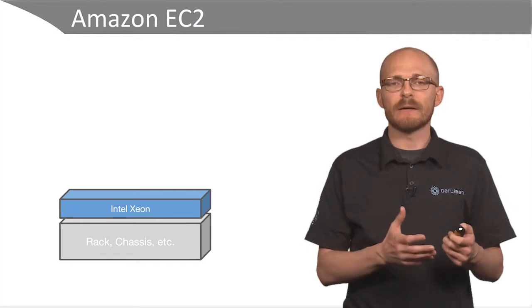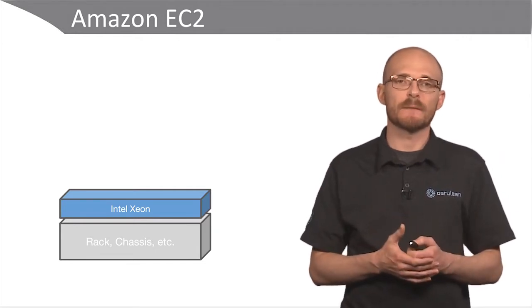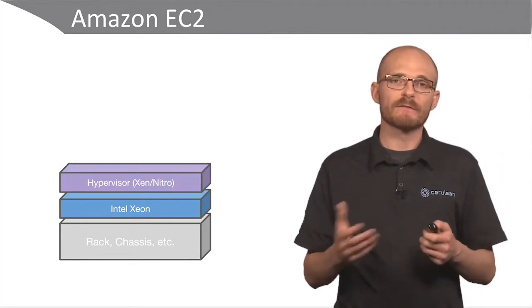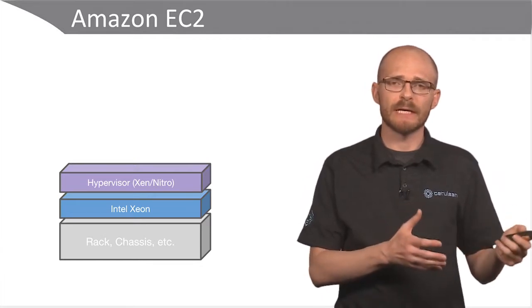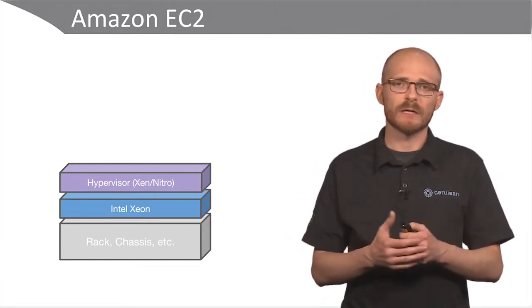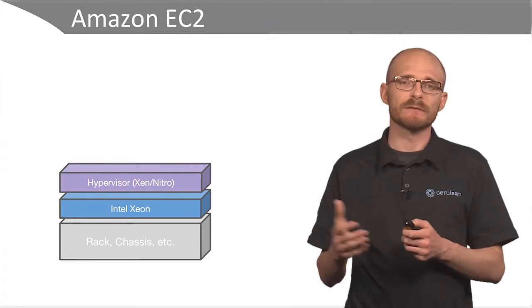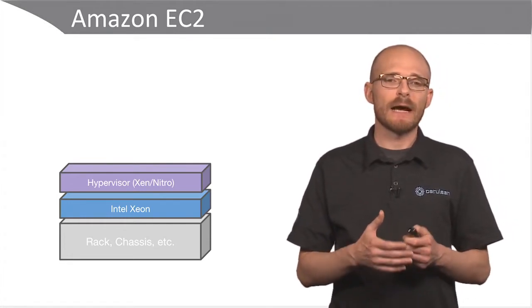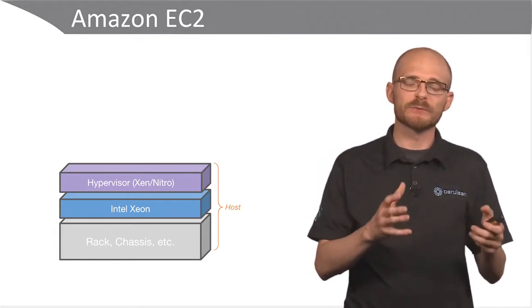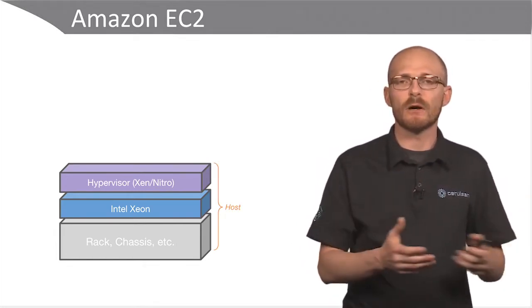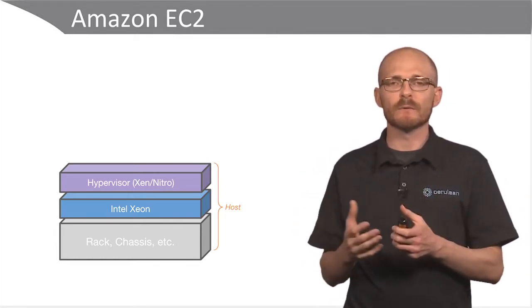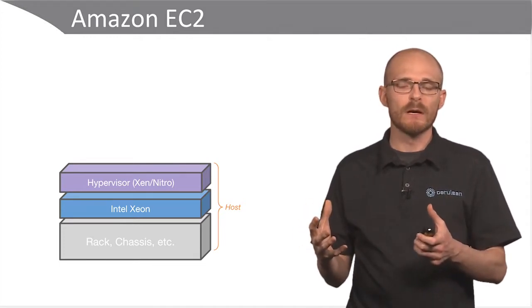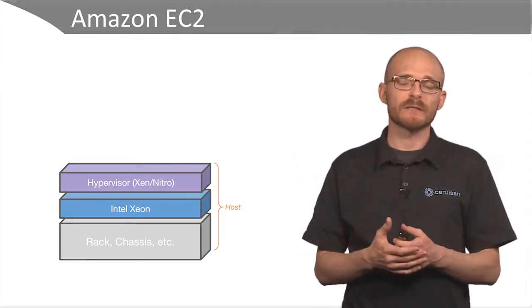Everything inside of Amazon is powered by Intel Xeon processors. And then, of course, we have the hypervisor, be it Xen or Nitro, depending on which family or generation of EC2 instance we're using. Now, at this point, this would comprise the physical host, the actual physical machine that we are launching virtual machines on top of.